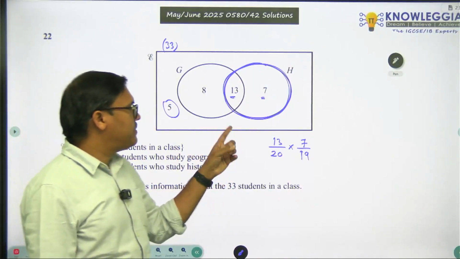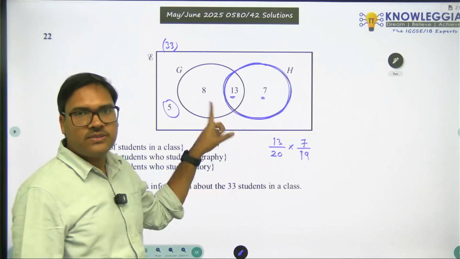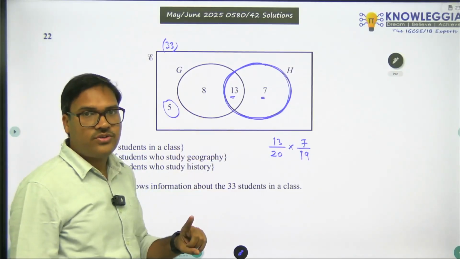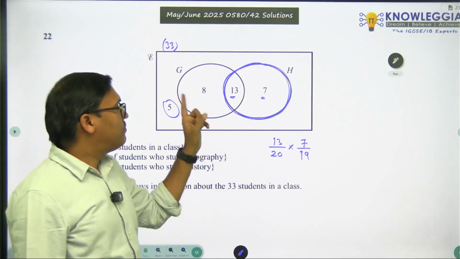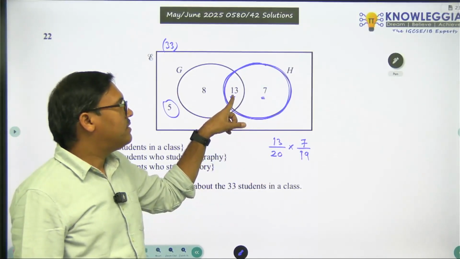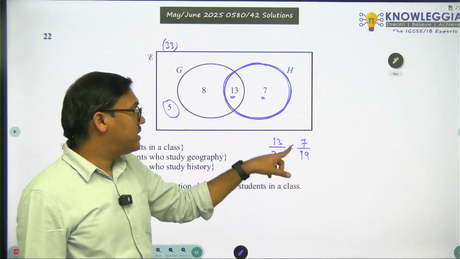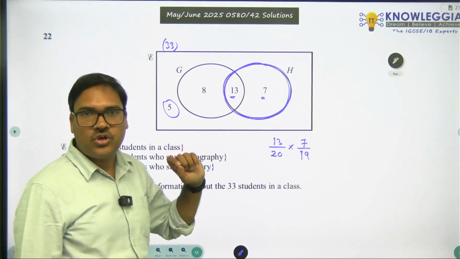What is this? This is basically what we are trying: total how many students are there? Total 20 students are there, who study history. Now among them, the first student is studying geography, and the other is not studying geography.